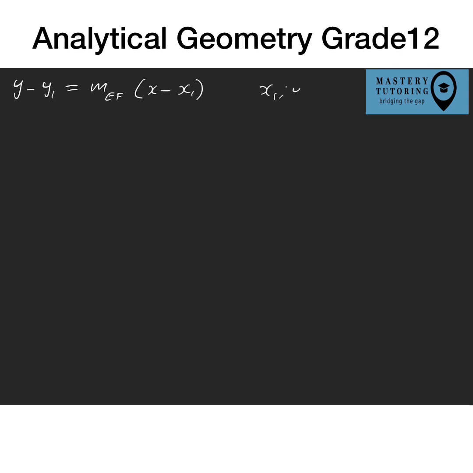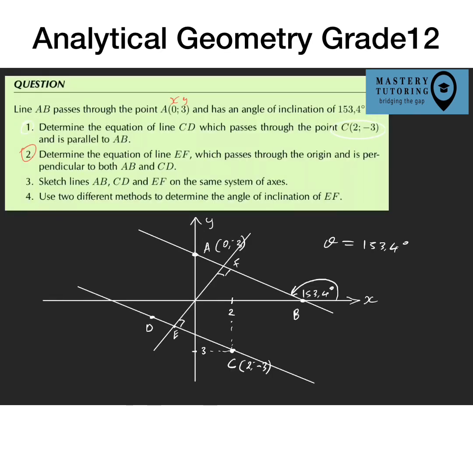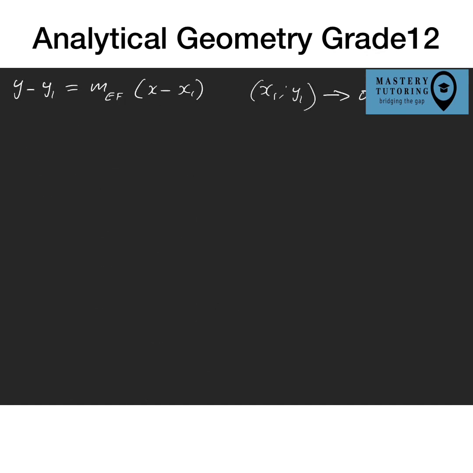Now x1 and y1 come from the fact that line EF passes through the origin. So the coordinates of the origin, which is O, are 0 and 0. Going back to the diagram just to explain this point, here's our origin at this point here. The coordinates of our origin are 0 and 0. Hence, I wrote 0 and 0 there.